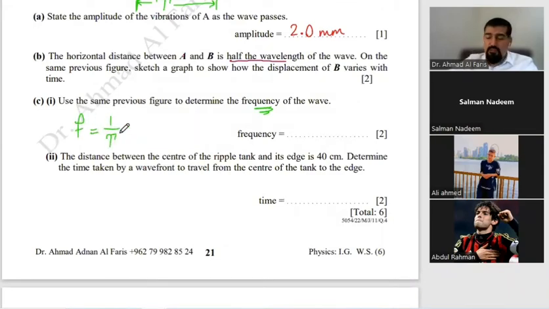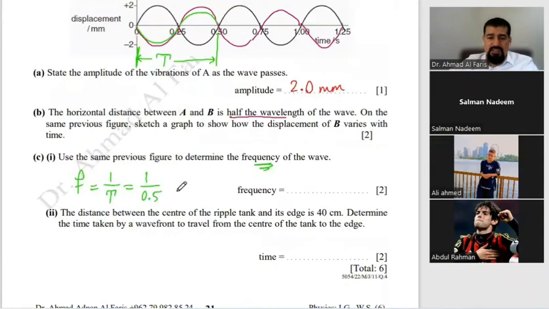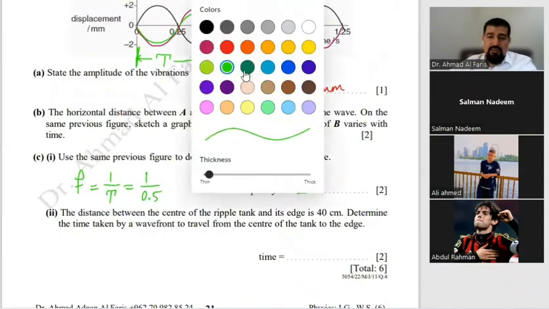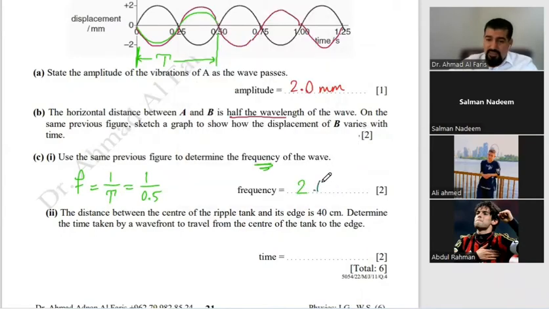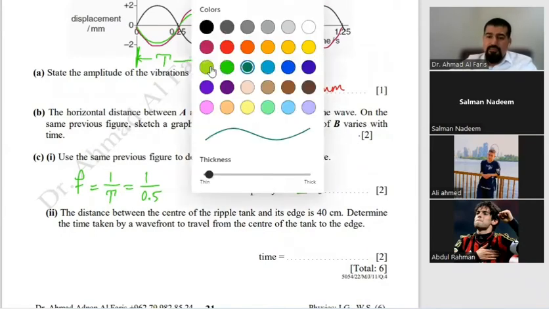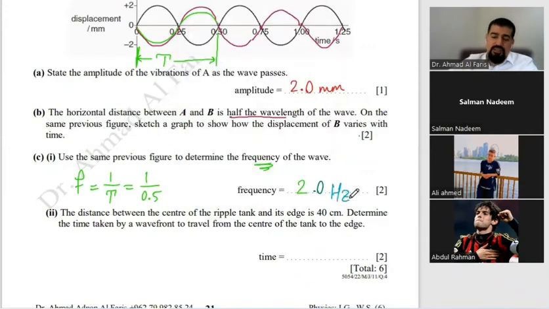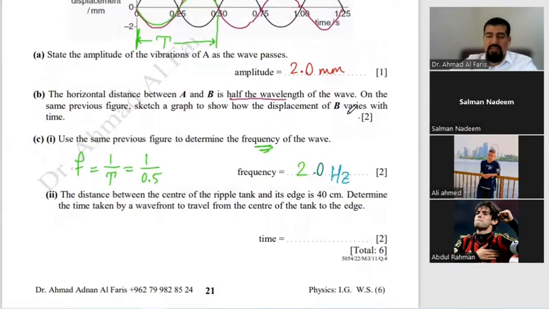So the frequency is 1 over the period, which is 1 divided by 0.5, which is 2. So the answer is 2, but I will not keep it like this. I'll write 2.0, and I'll also write the unit, which is hertz. We have to write a complete answer to get the 1 or 2 marks.